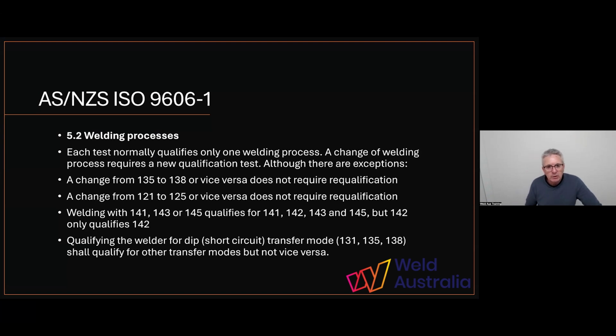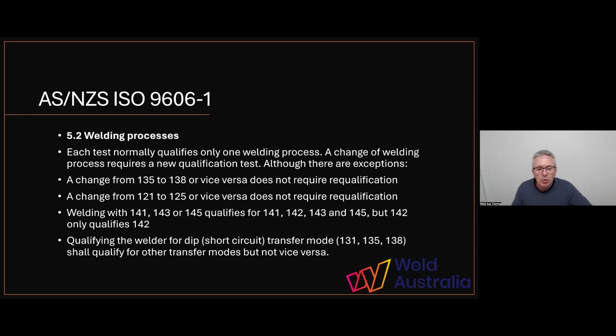A change from 121 to 125 or vice versa does not require requalification. Welding with 141, 143 or 145 qualifies 141, 143 and 145, but 142 only qualifies 142. And then qualifying the welder for dip or short arc transfer mode, 131, 135 and 138 shall qualify the other transfer modes, but not vice versa.